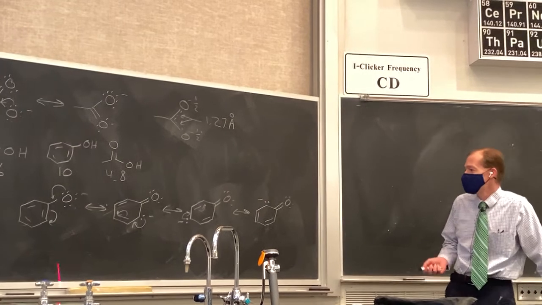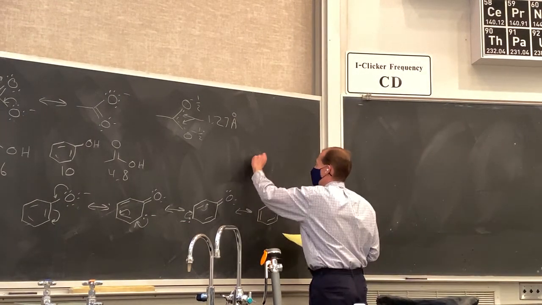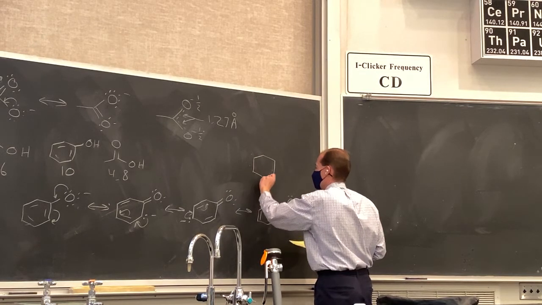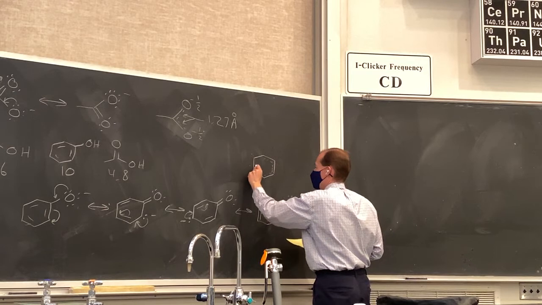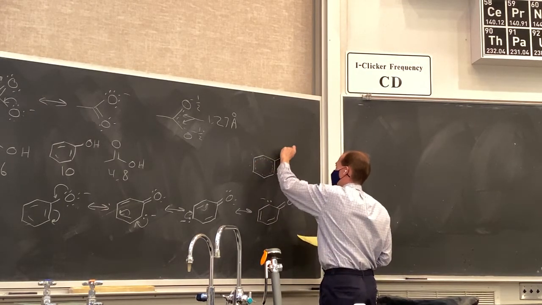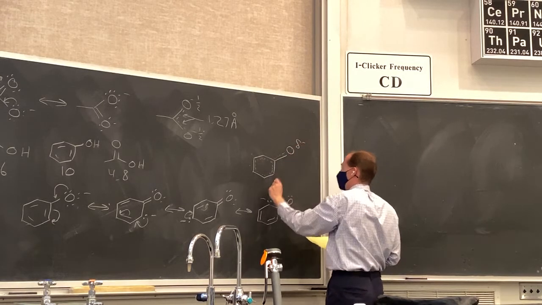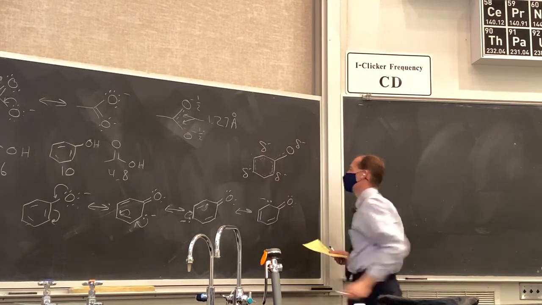Okay, 4 atoms, this oxygen and these 3 carbons. So we can draw a hybrid structure. We have dashed lines going all around the ring. Dashed lines here. Partial charges. These 4 atoms. Okay.